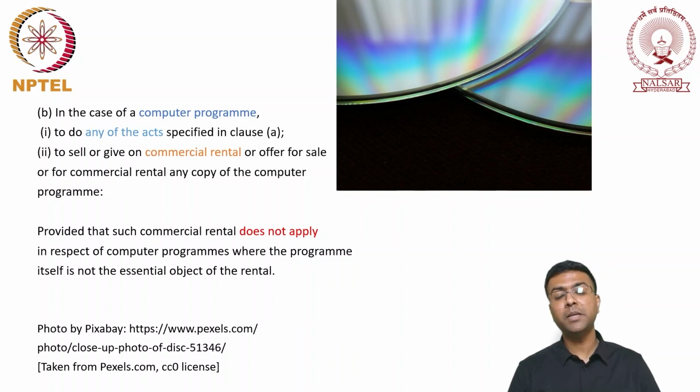It is specifically provided with respect to computer programs because of the kind of commercial utilization and the relevance of this particular type of utilization there is for computer programs.